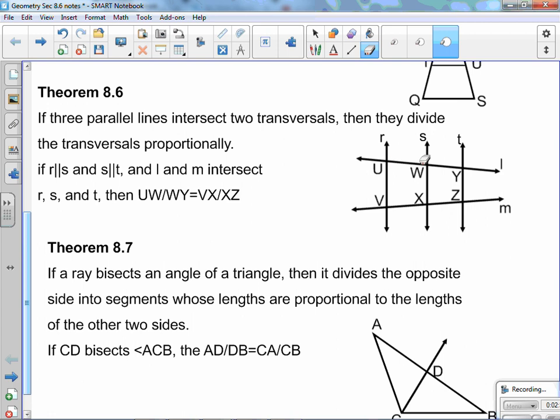So this length from U to W over WY should be the same ratio as the length of VX over XZ.